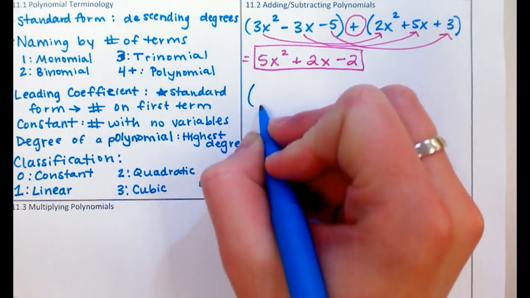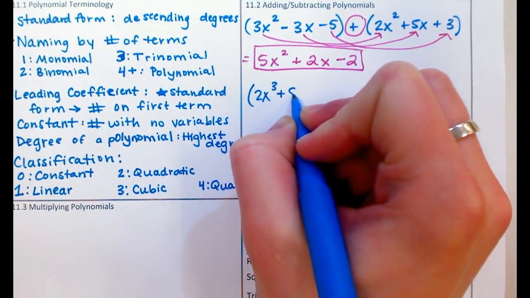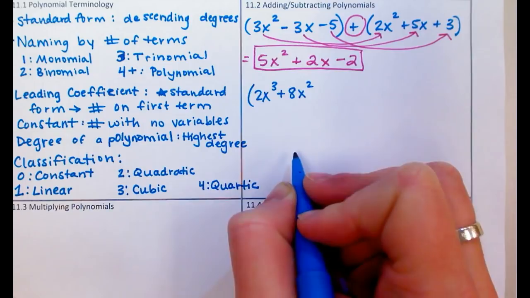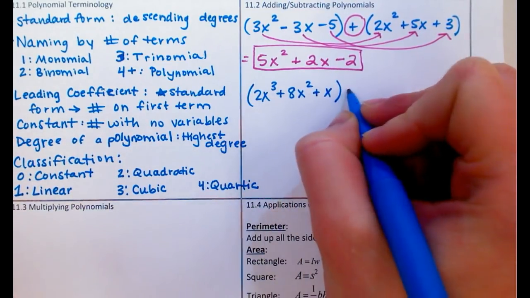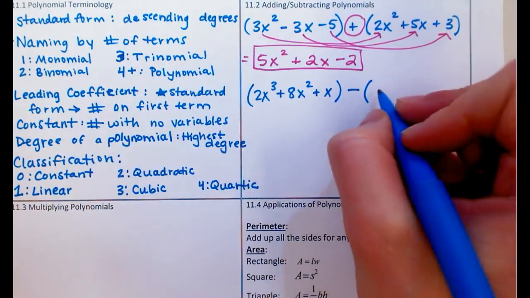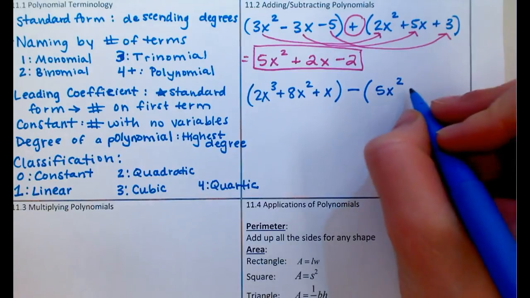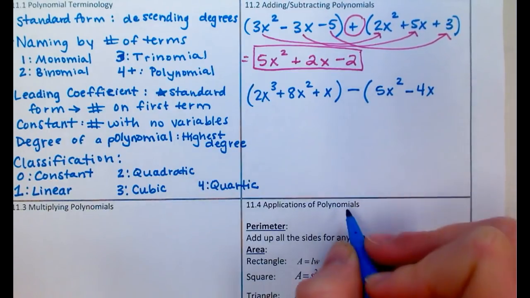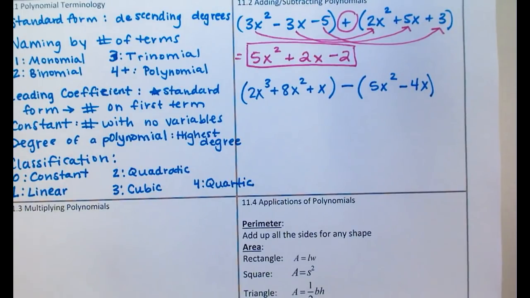If I subtracted 2x cubed plus 8x squared plus x minus 5x squared minus 4x, I would first have to distribute my negative.